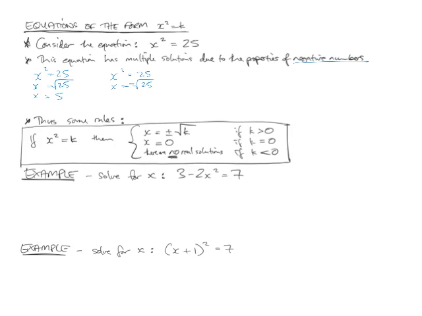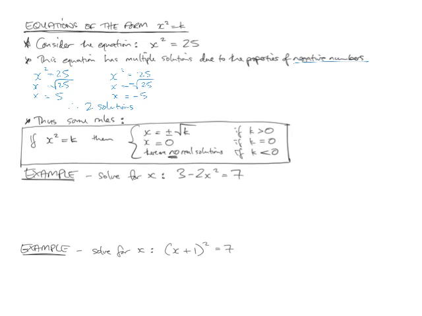But it's also equal to the negative square root of 25. x is equal to negative 5, because negative 5 times negative 5 makes a positive answer. It's going to be positive 25 as well.